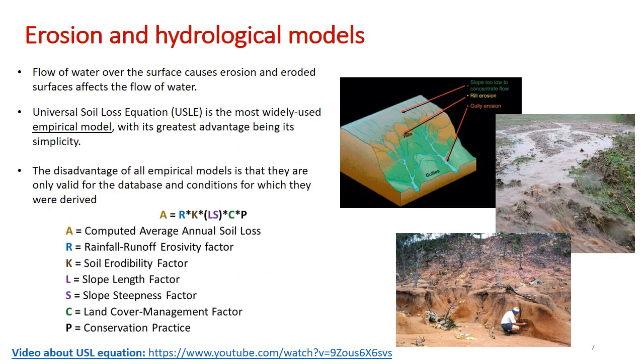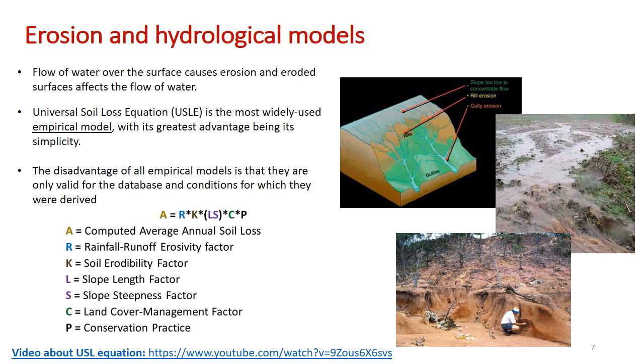Now the last part of this lecture is erosion and hydrological models. As water flows on the surface, it carries sediment with it, and it can erode the soil. And once the soil is eroded, forming gullies and rills as you see in this picture, then the next time water flows on the surface, it would flow differently than the previous time.